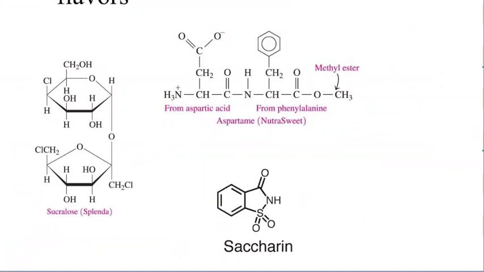Food products actually use the word sucralose, and people are like, oh, it has sucralose, it has table sugar. I'm like, sucralose is not table sugar. Sucralose is an artificial sweetener. Sucrose is table sugar. So don't be confused by that.